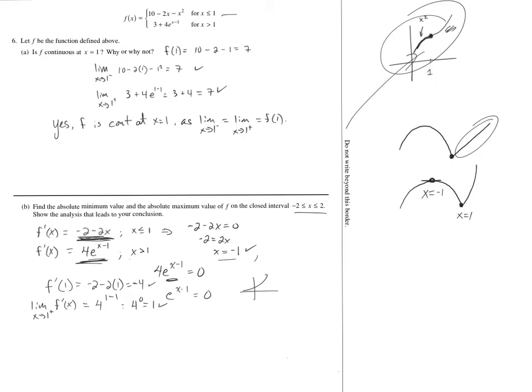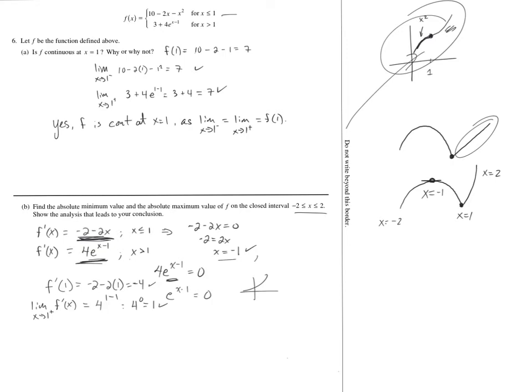But then we've got our endpoints at x equals negative 2 and x equals positive 2. And again, I have no idea of the relative heights of the y values of these things, so I don't know which one's going to be our absolute min or max. But we now have 4 numbers that we can test. So what we need to do is check our y values at the endpoints and at these two critical numbers.